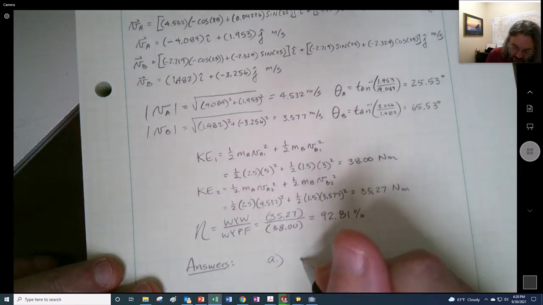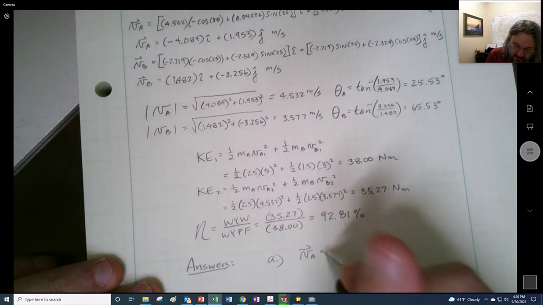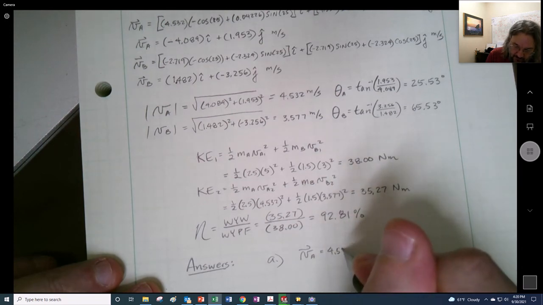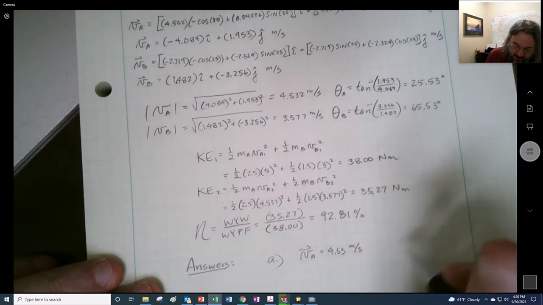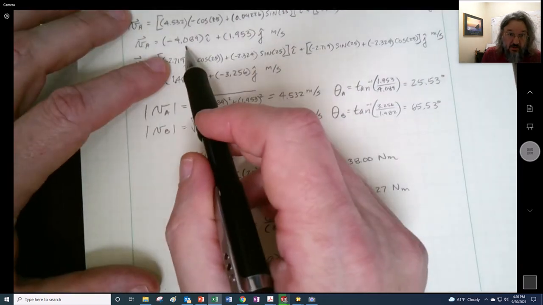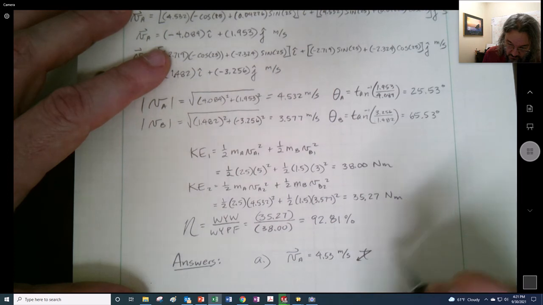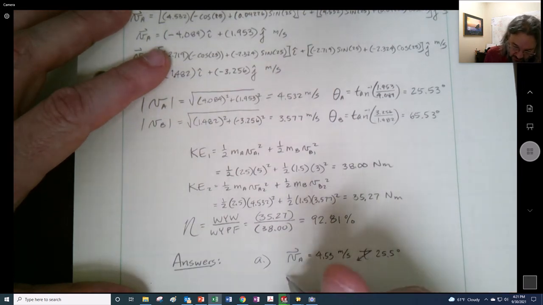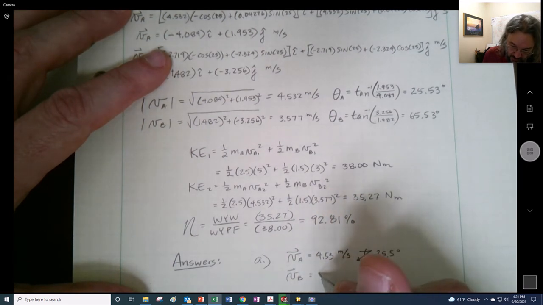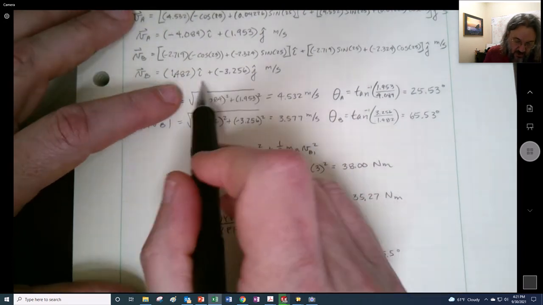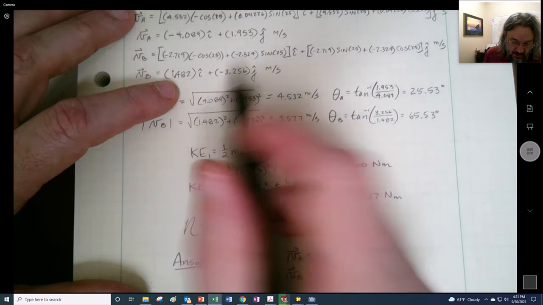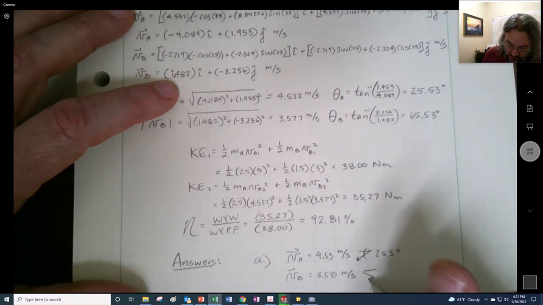Right? So, the answers. A is going to be VA equal to 4.53 meters per second, and as we noted, it's coming to the left and it's going down, at 25.5 degrees. And VB is going to be 3.58 meters per second, going to the right and going down. So it's going to come down like this right here.